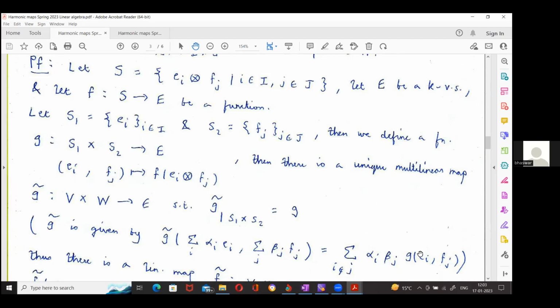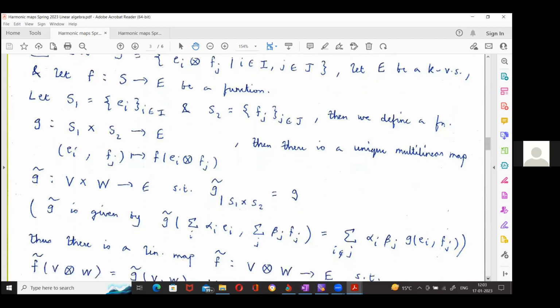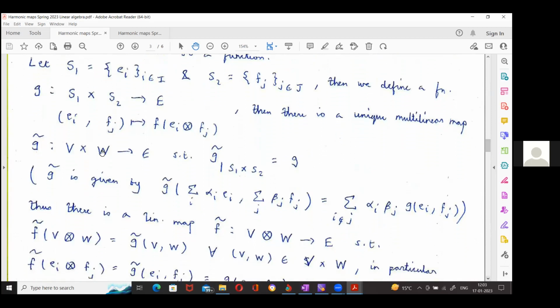Yes, it's clear. So therefore, I get a multilinear map G tilde from V cross W to E, whose restriction to S1 cross S2 is G. Therefore, by the universal property of the tensor product, once I have a multilinear map from V cross W to E, that induces a linear map F tilde from the tensor product V tensor W to E, such that F tilde of V tensor W is equal to G tilde of VW.